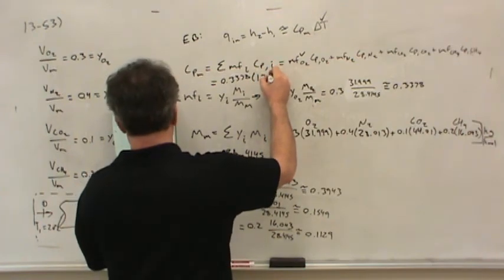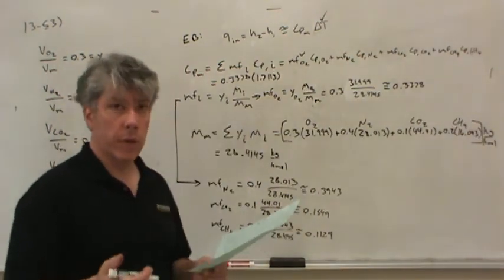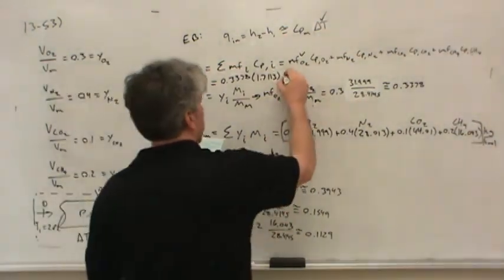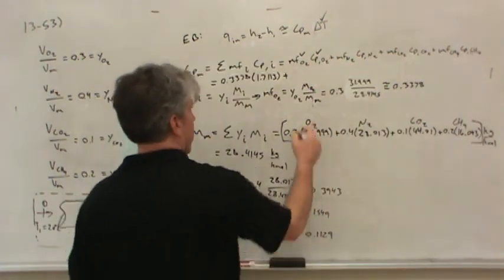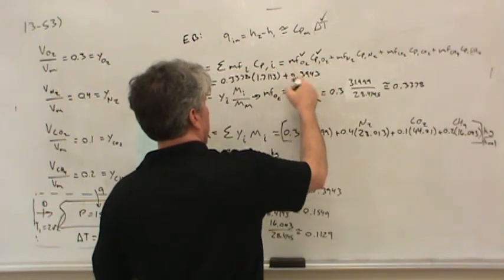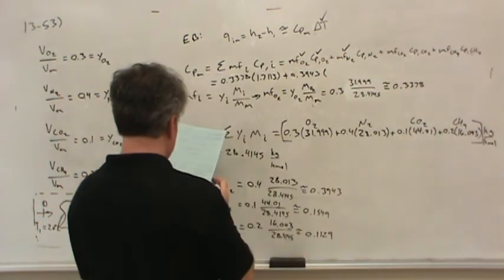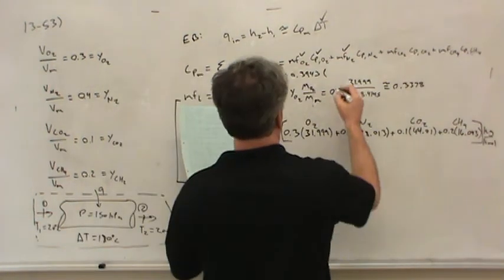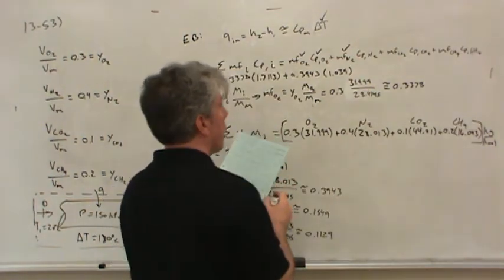So 1.7113 is the number I've got. It will end up being in kilojoules per kilogram per Kelvin, but as I said, I'll reserve that for the end. And then I need the mass fraction of the nitrogen, that's right here, 0.3943. And then the heat capacity of the nitrogen, but that's just 1.039 kilojoules per kilogram per Kelvin.